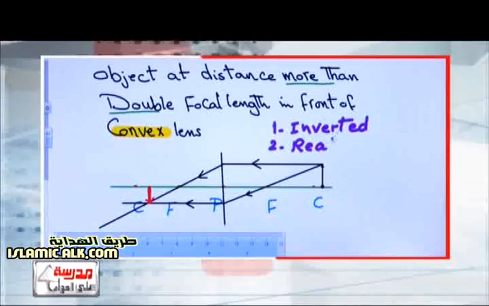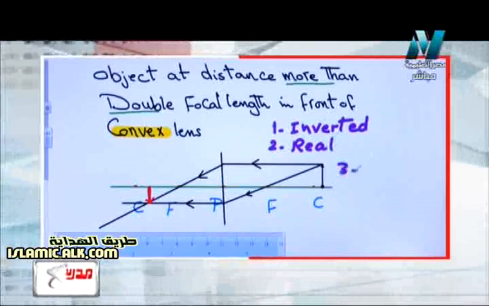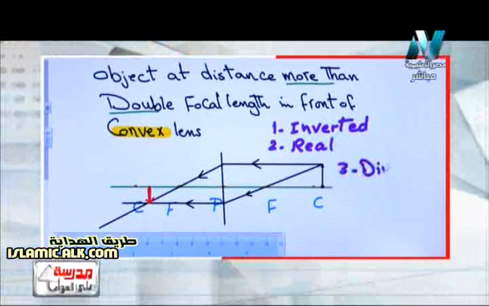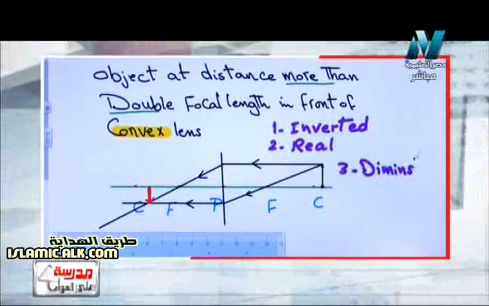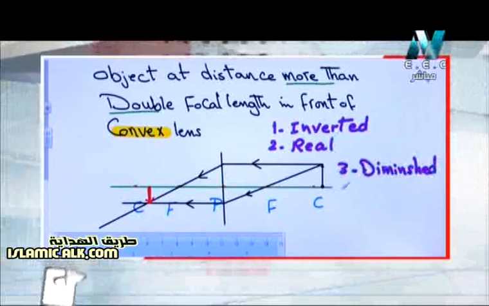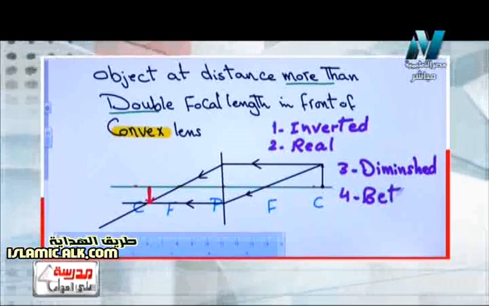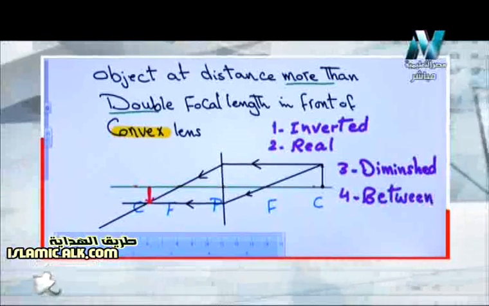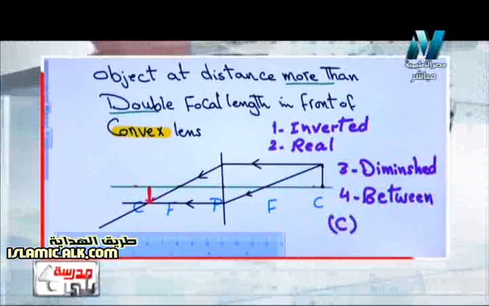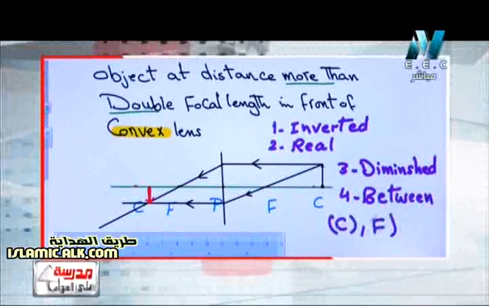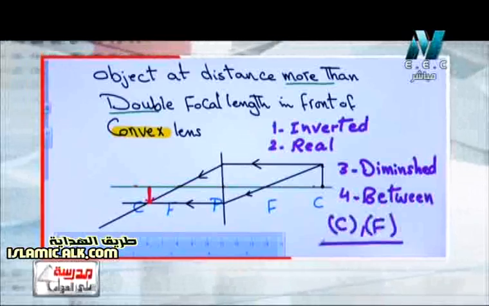Number 3 diminished, meaning smaller than the object. Number 4, between C and F, between the center of curvature and the focus of the lens.